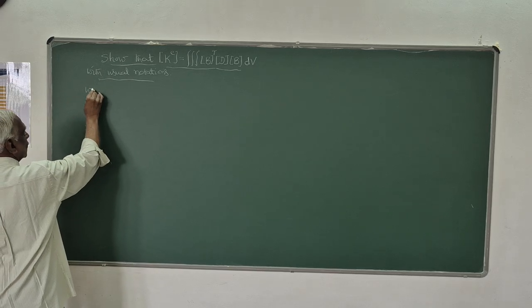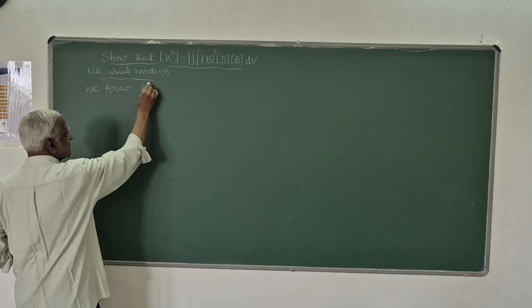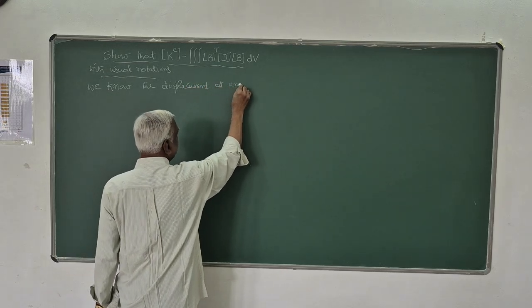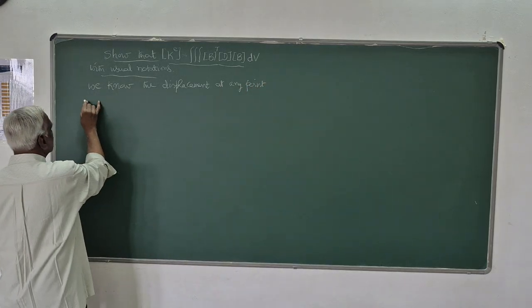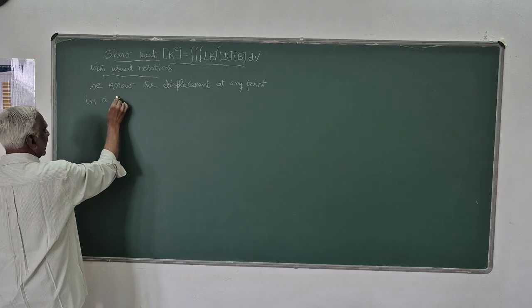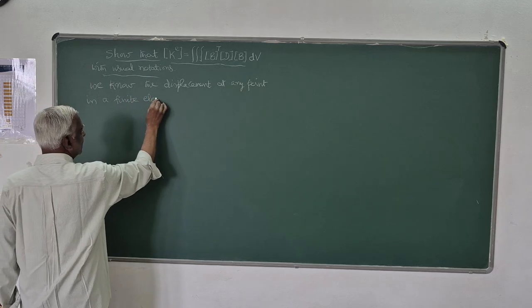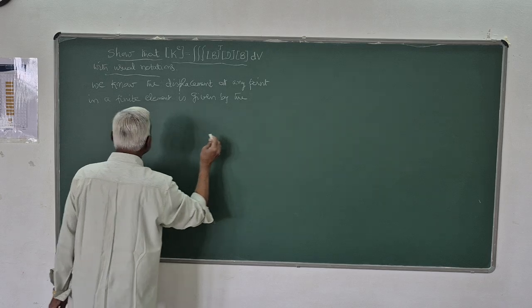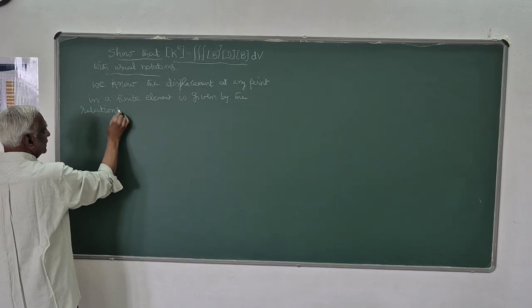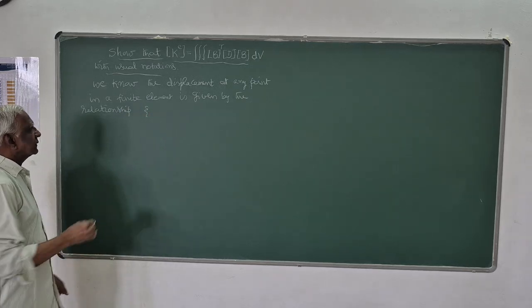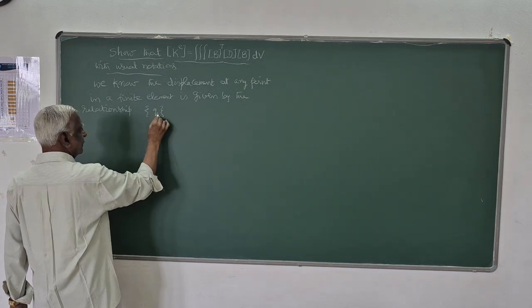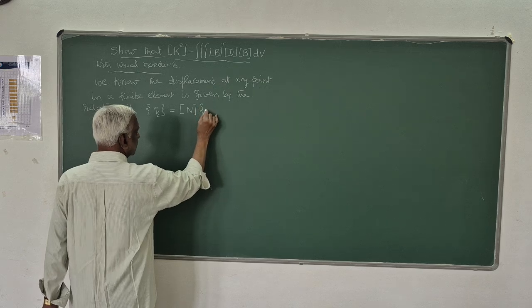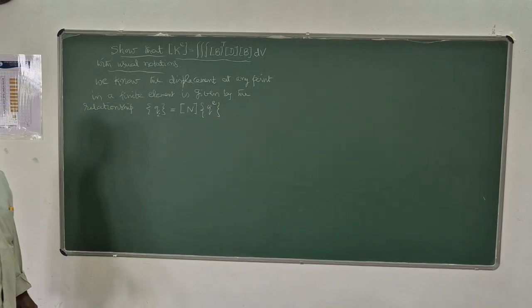First, we know the displacement at any point in an element, in a finite element, is given by the relationship: the displacement q at any point i in the element is given by the shape function times the element nodal displacement vector.